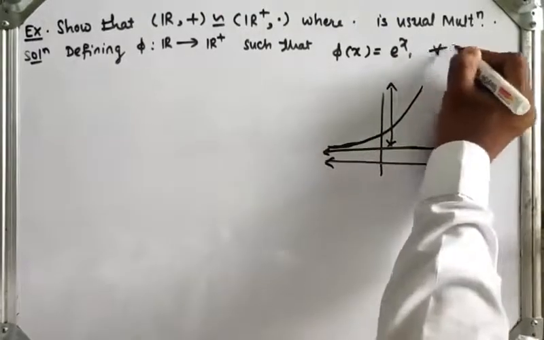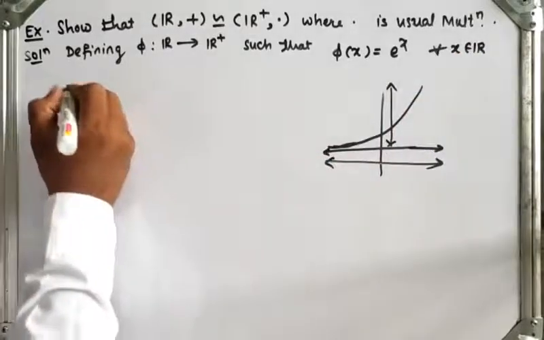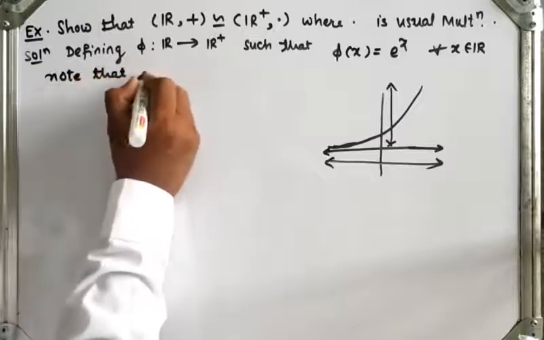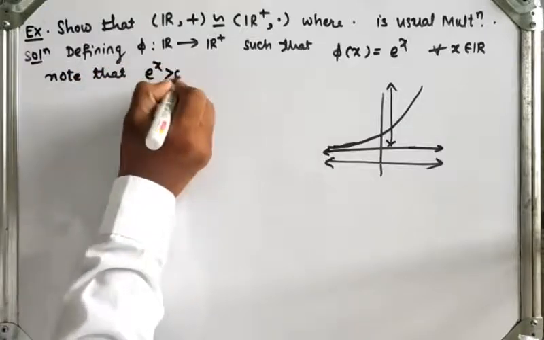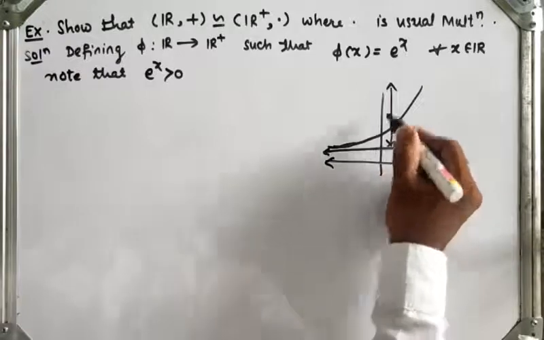This is for all x belongs to the real numbers R. Note that e raised to x is greater than 0. Here are the positive numbers, from 0 to infinity.